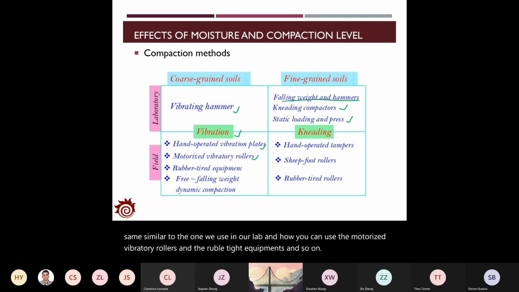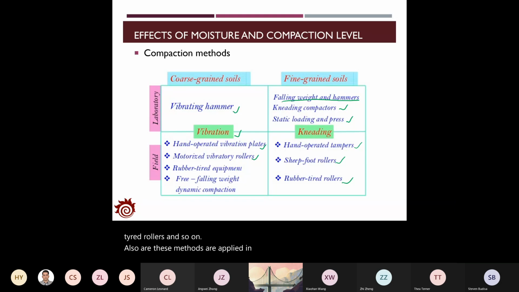And for the fine-grained soil in the field, we use a kneading method. We can use hand-operated tampers, sheepsfoot rollers, or rubber-tire rollers, and so on. So all these methods are applied in lab and field projects.